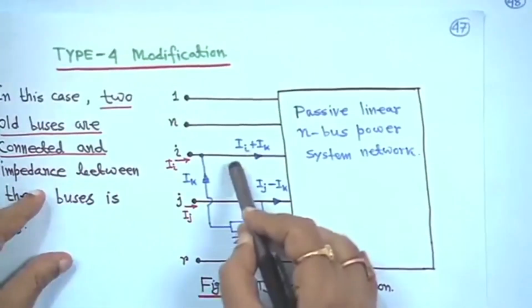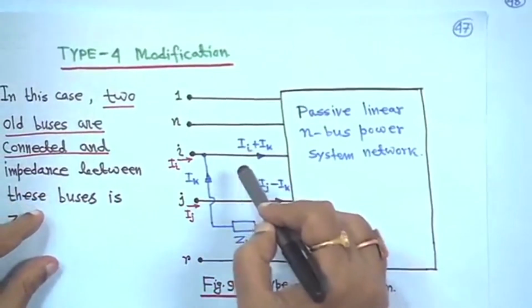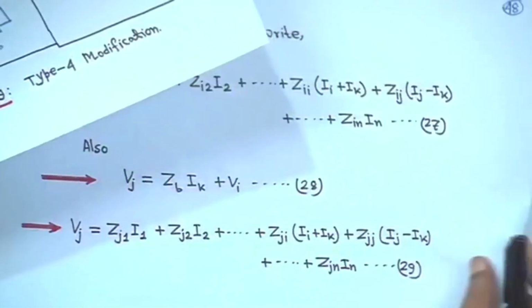So, in this case you just apply KVL, and you draw this diagram like this.